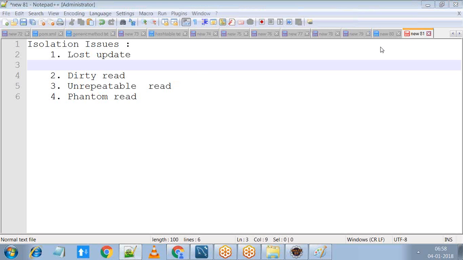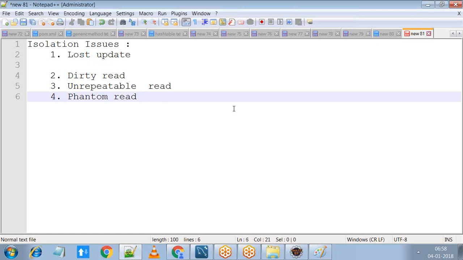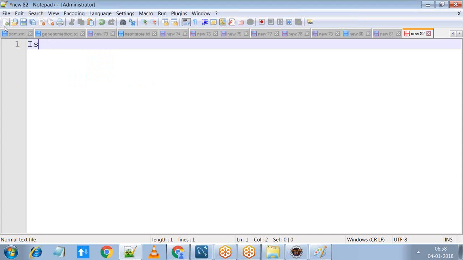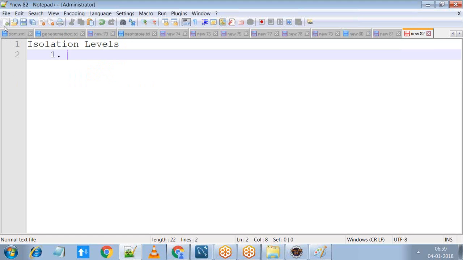So to address this issue, we have to use this isolation level called uncommitted read. We have this isolation level called uncommitted read here.